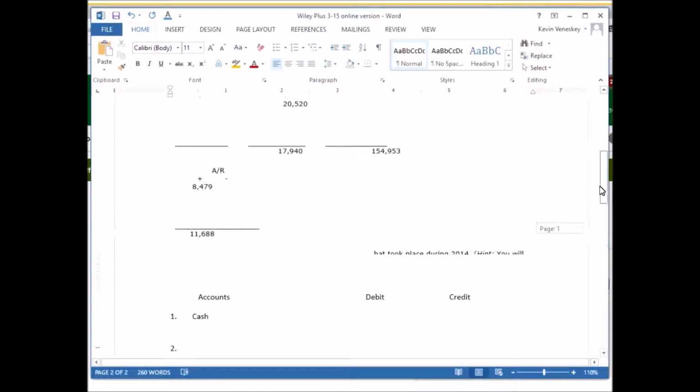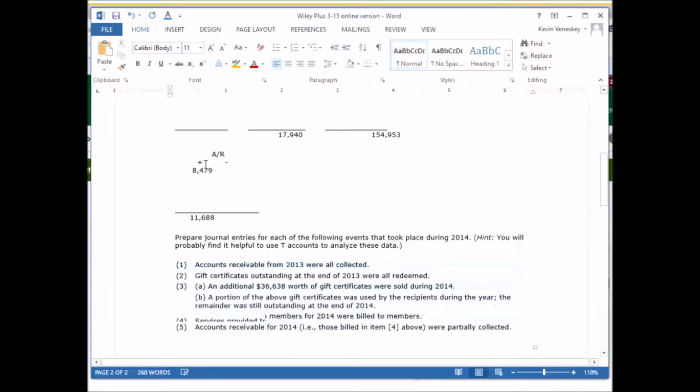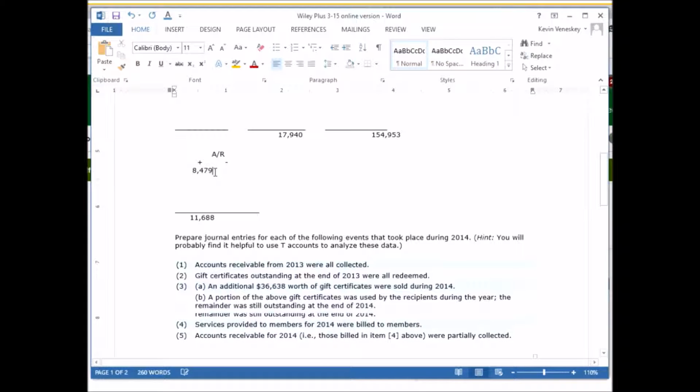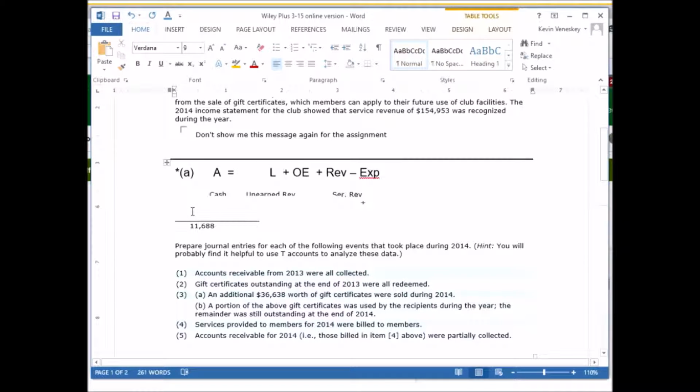That's what I have to look up in my T accounts. Accounts receivable from 2013, that would be these, were all collected. So that means I brought in the $84.79. So I'm going to credit my AR account for that $84.79 and put it up here in my cash.